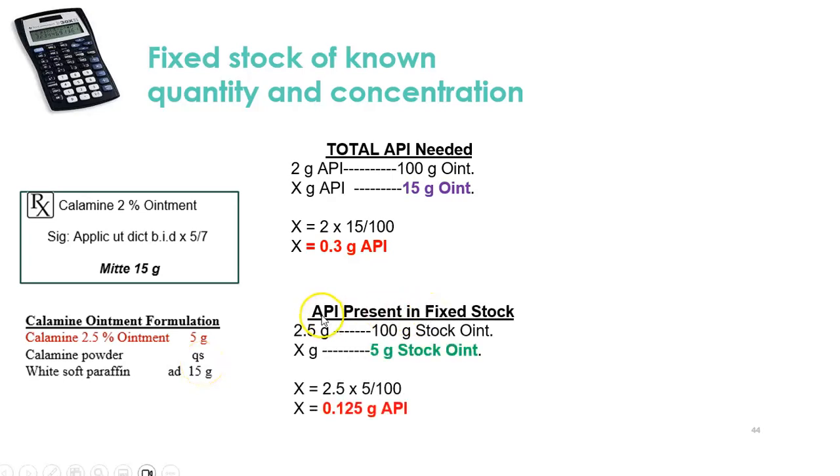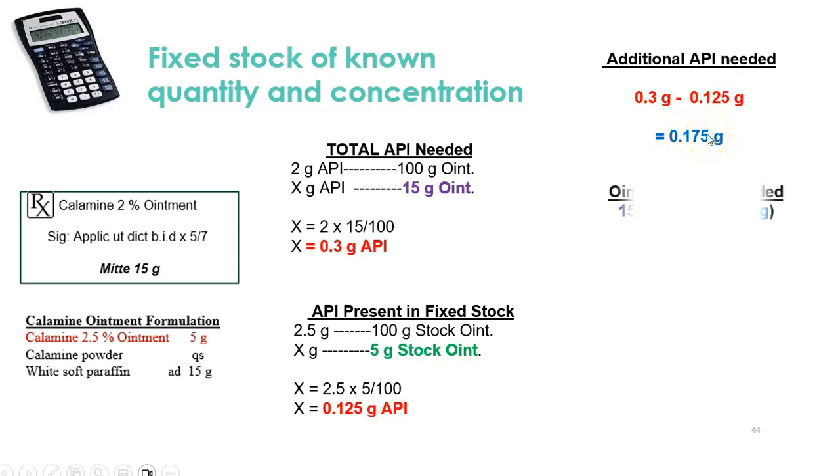So how much drug is being carried by the fixed stock? 2.5 grams is in 100 grams of that stock ointment, and so the amount of drug in 5 grams would be 0.125 grams. The deficit that the pure calamine powder needs to fill would be 0.3 gram, what we need, minus what we have. And so the deficit is 0.175 gram.